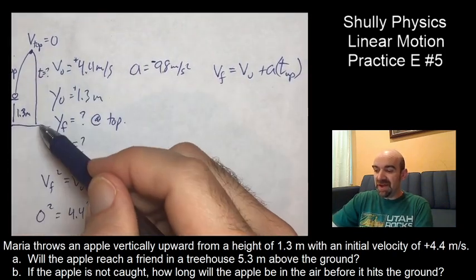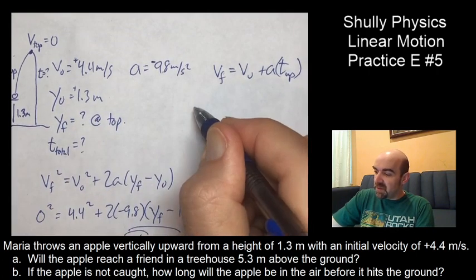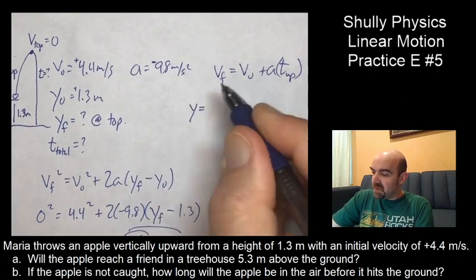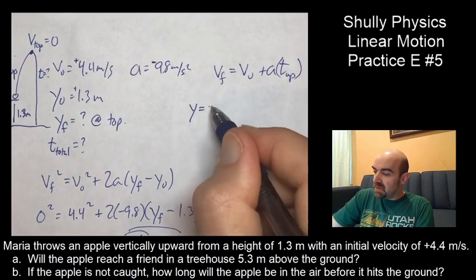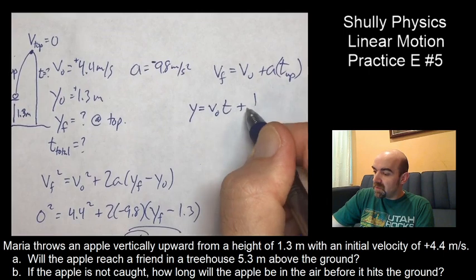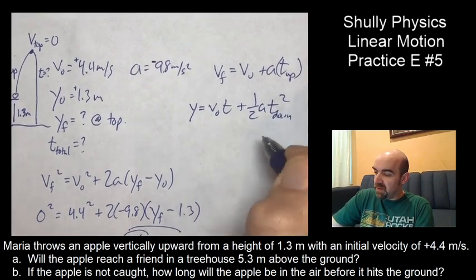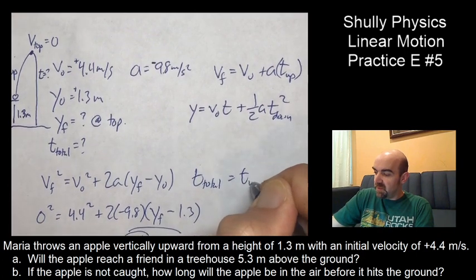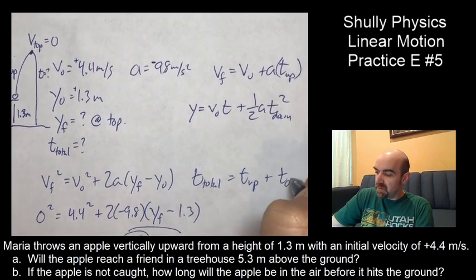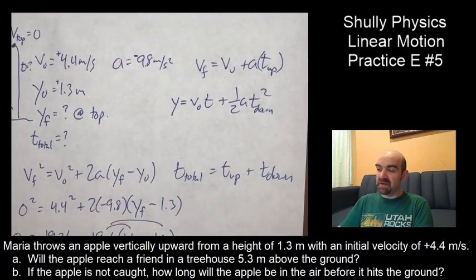And for the time down, we don't really know the final velocity down here, so I would recommend using this one. Okay, this is for the time down, and then you're going to find the total is the sum of both of those.